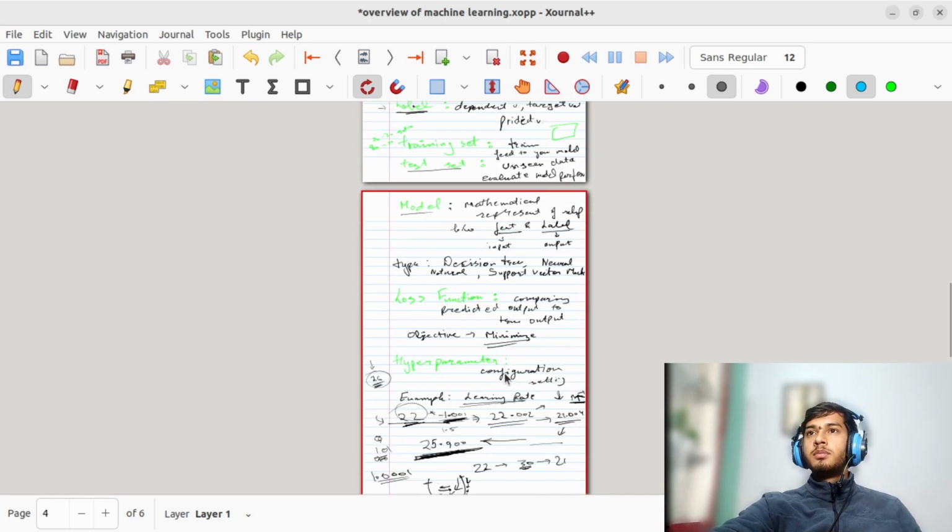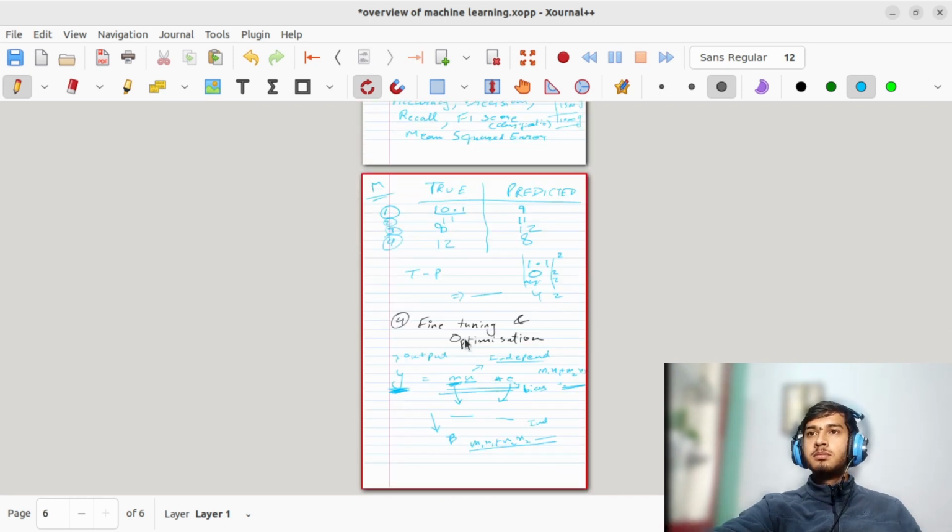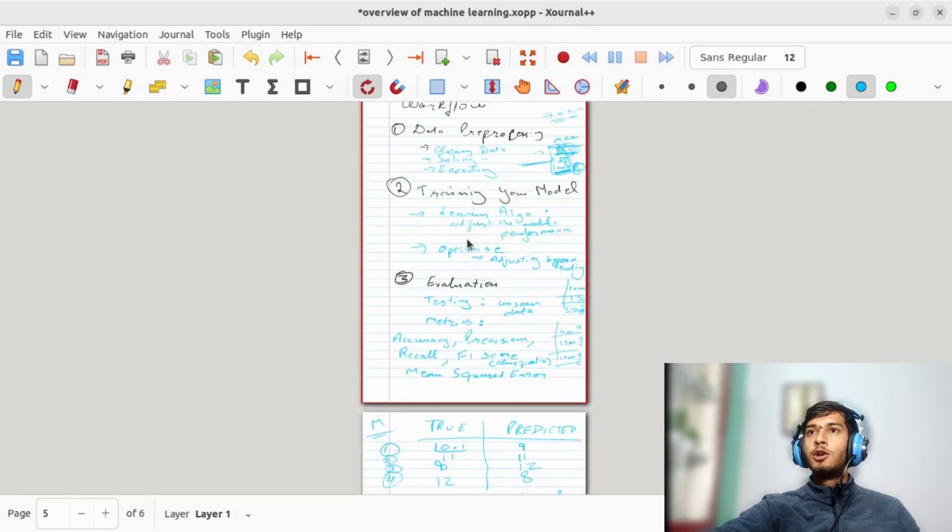So from tomorrow we will see some learning algorithms, and we will see the optimizing techniques for them, like how we can use the hyperparameters for those algorithms, right?